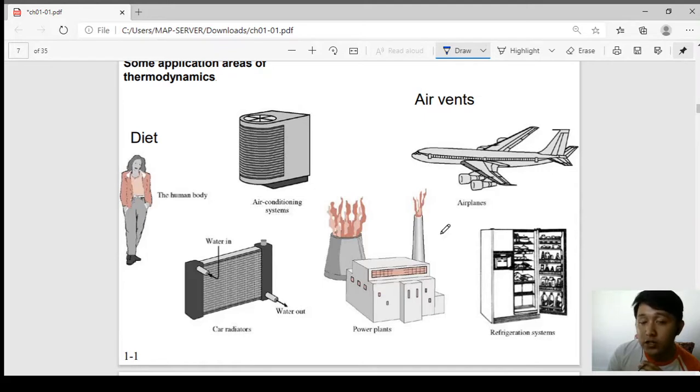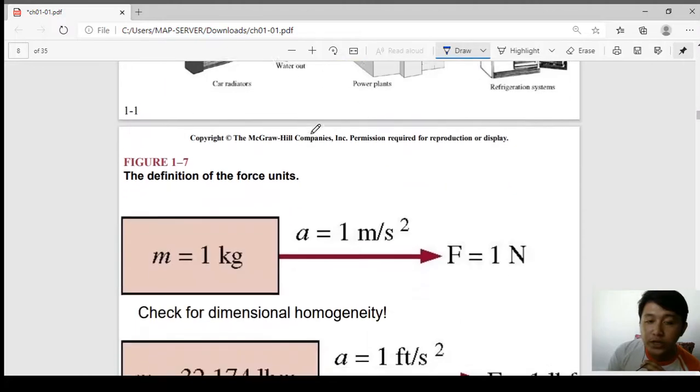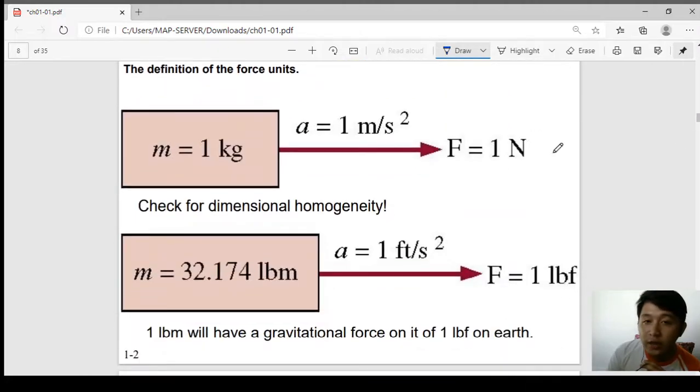It is because thermodynamics is also the study of the effects of heat, work, and energy in a system. Those are samples.